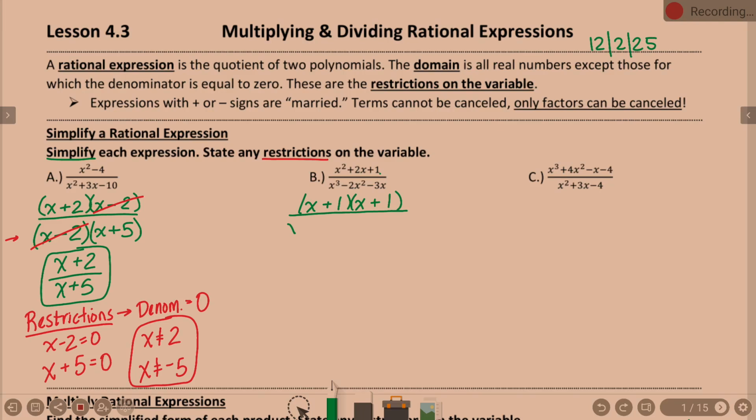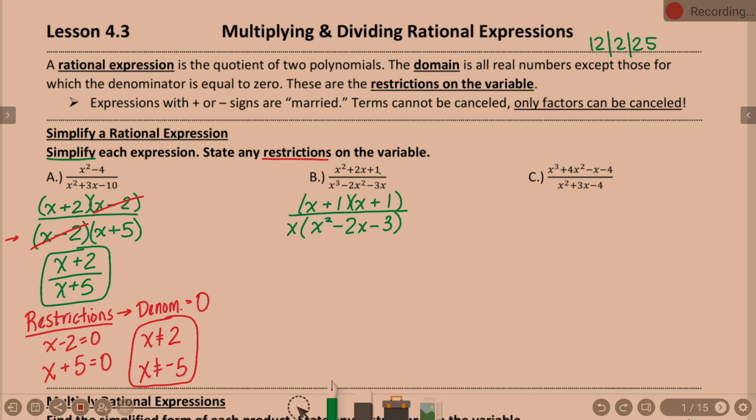X. There's an x. So we're going to factor that x out front. Make sure you write it in there. X cubed divided by x takes me to x squared, minus 2x squared divided by x is 2x, minus 3x divided by x leaves me with a minus 3.